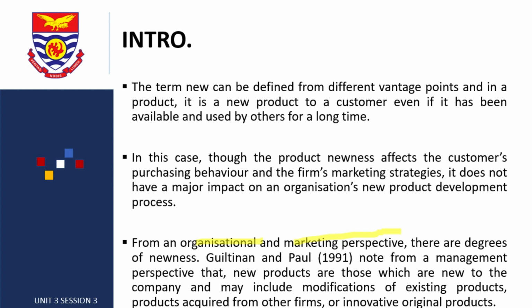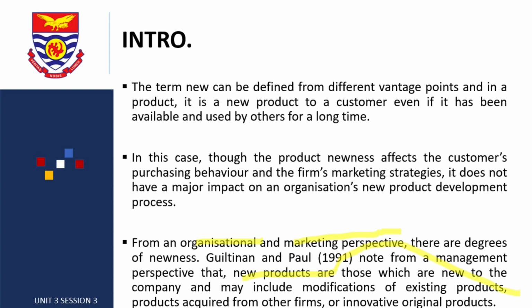According to Giltinan and Paul in 1991, from a management perspective, new products are those new to the company and may include modifications of existing products acquired from other firms, or innovative original products.